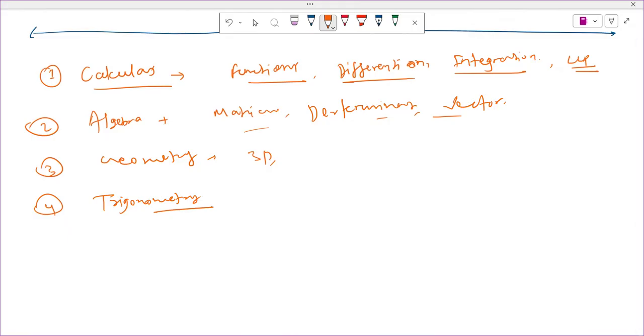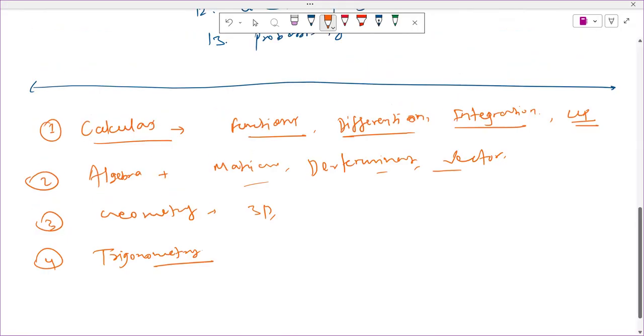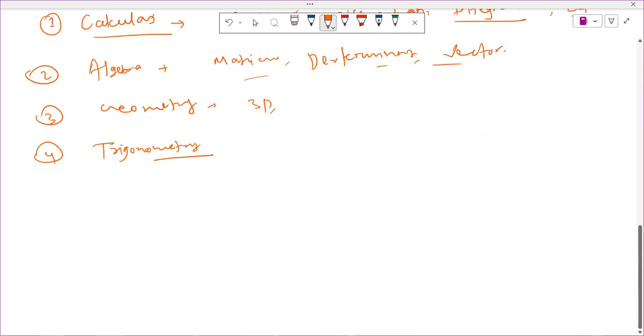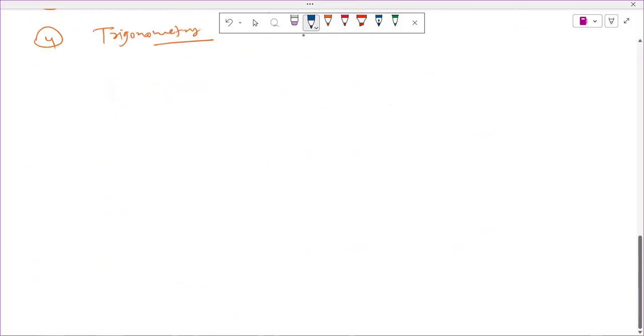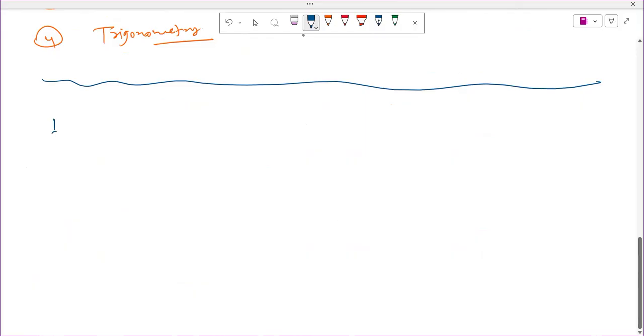So I think before teaching all these things, we should have some basic knowledge. First thing is that you should be very comfortable in solving equations.